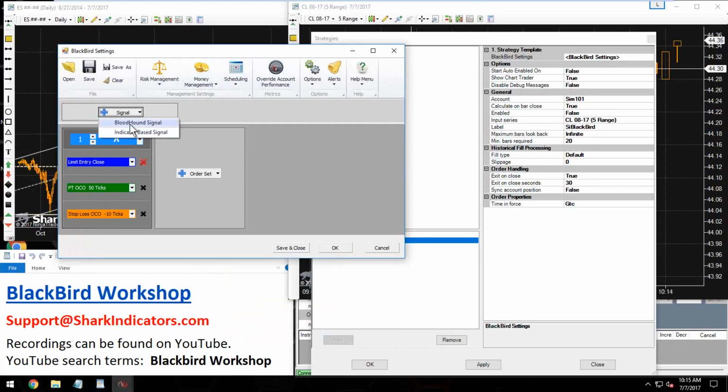So you could use a Bloodhound signal as your trade signal to fire off trades, or you could use someone else's indicator. Like Indicator Warehouse has their DTS trading system, and you could plug their indicators into BlackBird and use their trade signals.